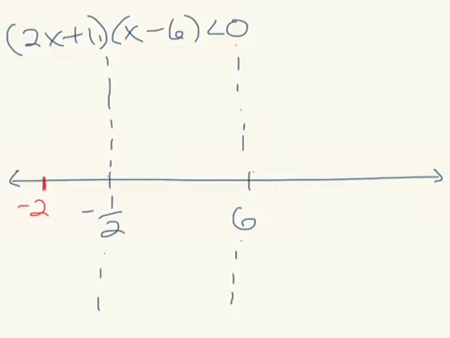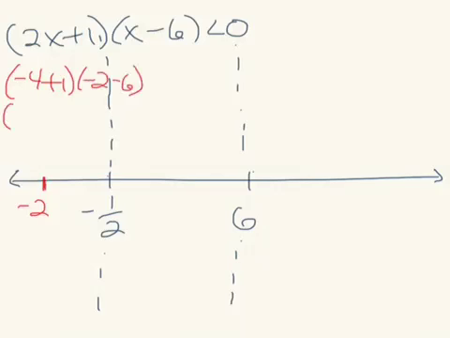And I'm going to take that negative 2 and plug it into my inequality, see if I get something that's true or false. So plugging that in for x, that would give me 2 times negative 2 is negative 4, and then plus 1, and then negative 2 minus 6.